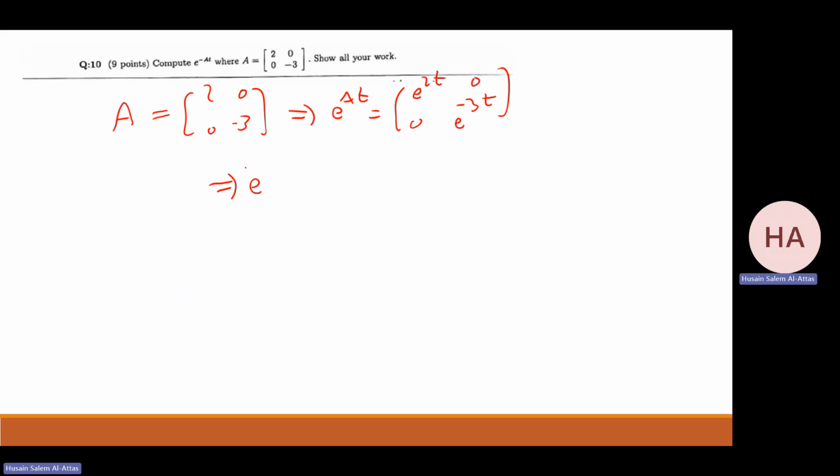What will be e to the power minus At? Instead of t, I will write minus t. So that will be [e^-2t, 0; 0, e^3t]. That will be my answer.